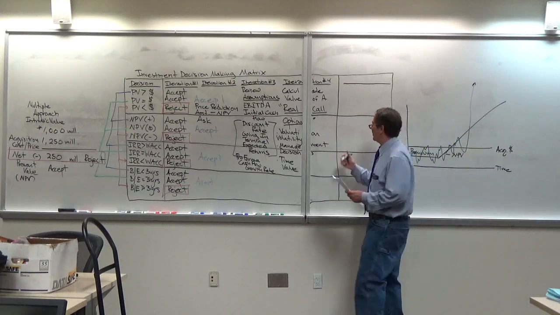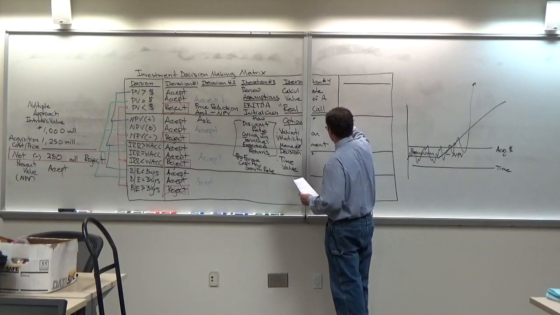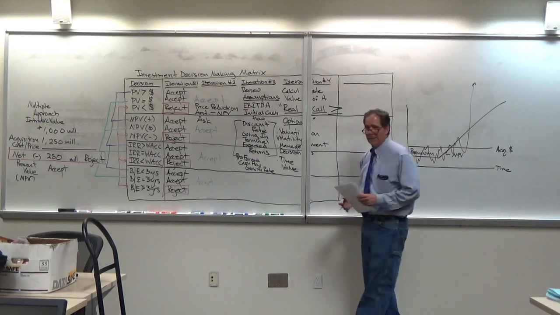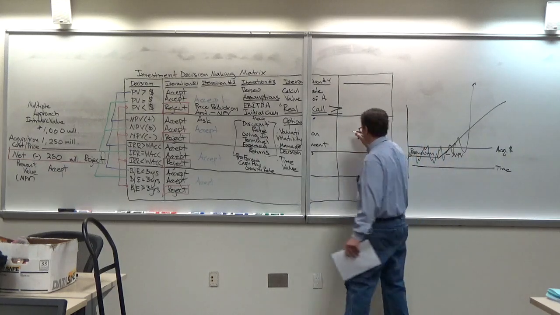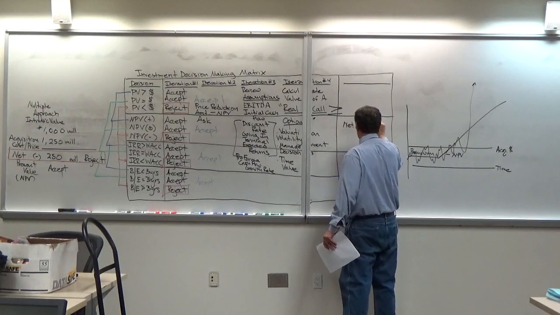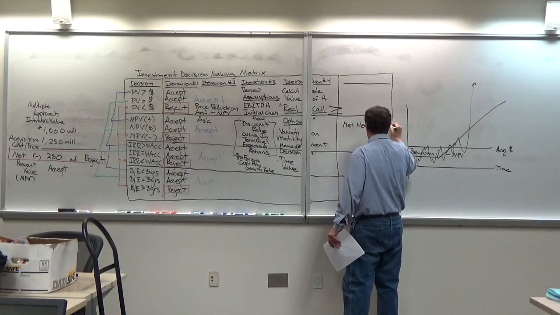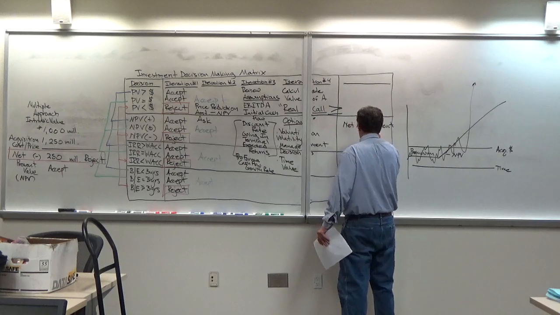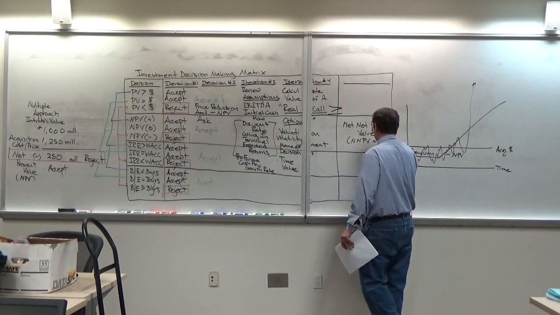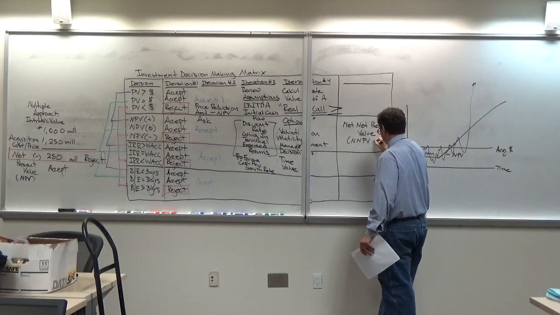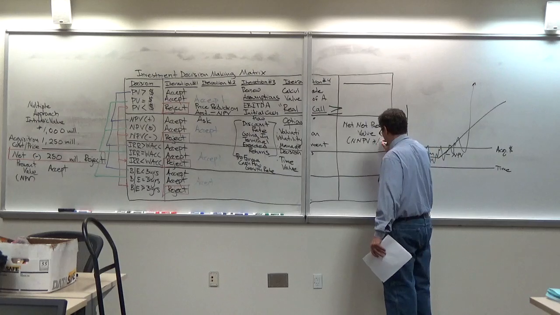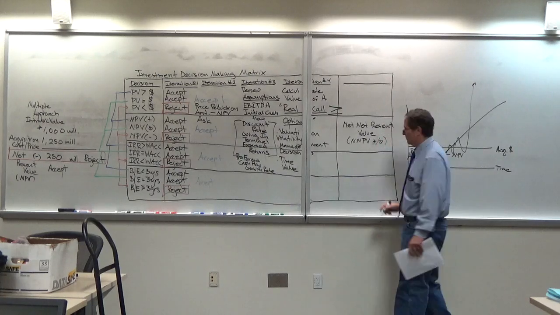So the question is, what does the value of the real call option need to be for us to get a net present value that's equal to 0 or positive?